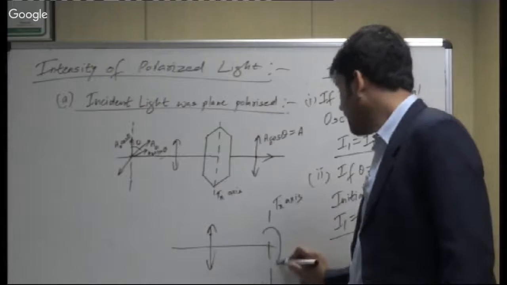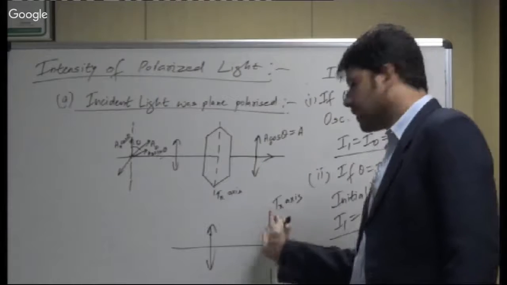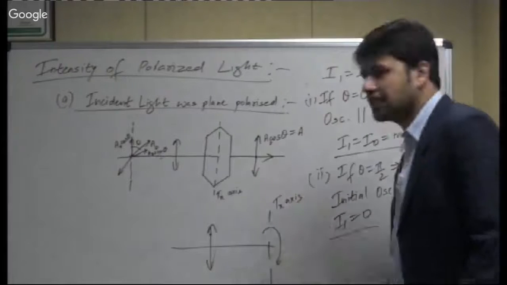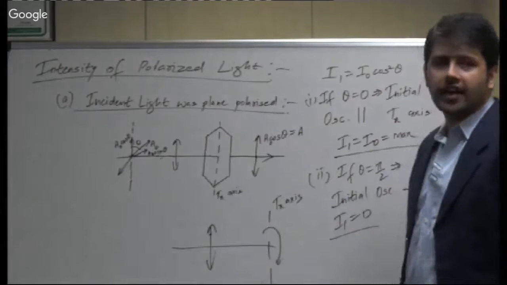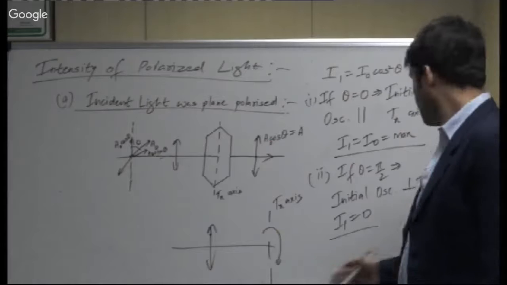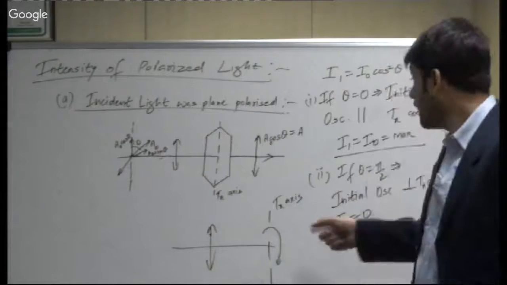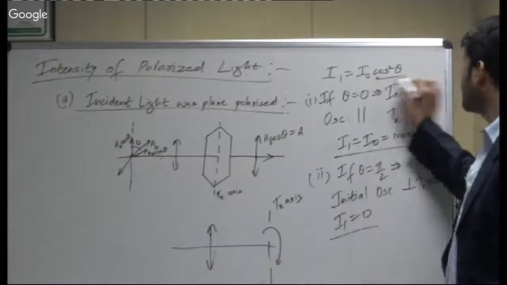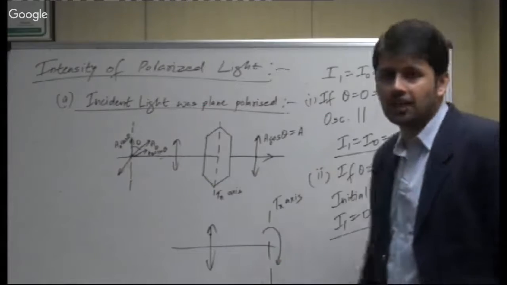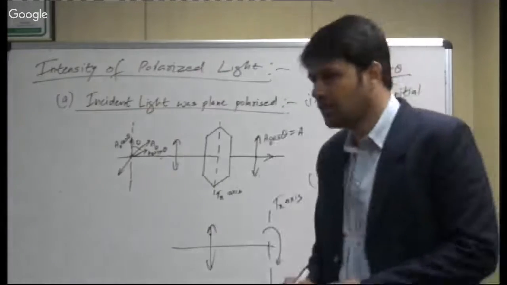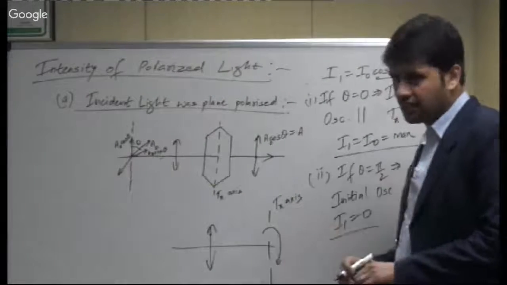If we rotate it slowly, the angle between the original oscillations and the transmission axis would increase, and when it reaches pi by 2, the intensity would be 0. After that, it will again increase. Why? Because we have a cos square thing. Even if the angle becomes more than pi by 2, the square would be positive. So it will increase again.